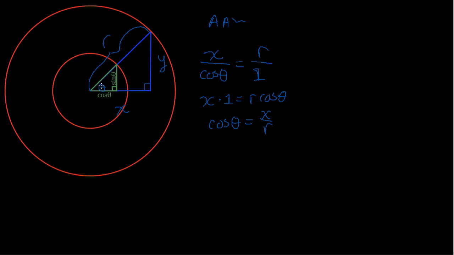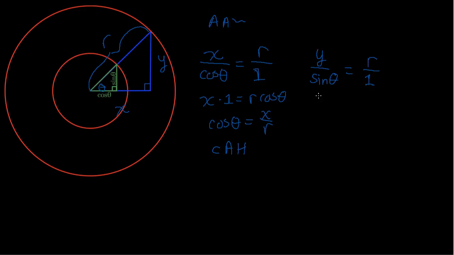Looking at the diagram, we see that cosine theta is the adjacent side over the hypotenuse. Cosine has adjacent over hypotenuse. Doing something similar with the y values, in the big triangle, y, and the small triangle, sine theta, is the same ratio as large hypotenuse over unit circle hypotenuse.